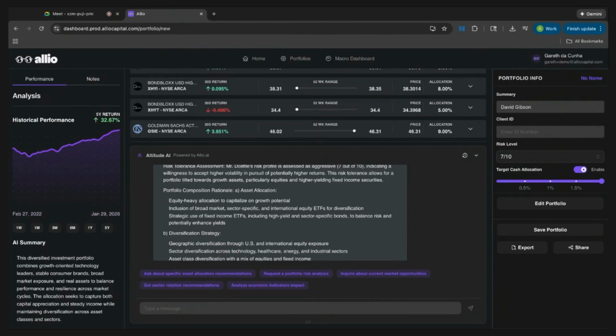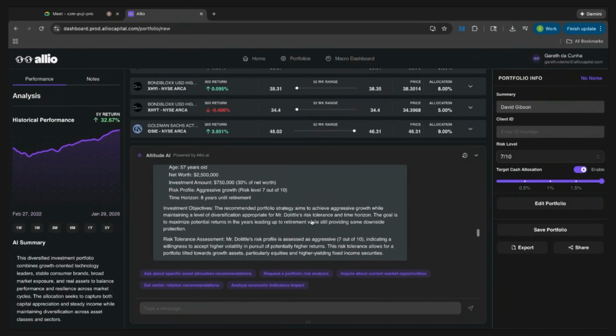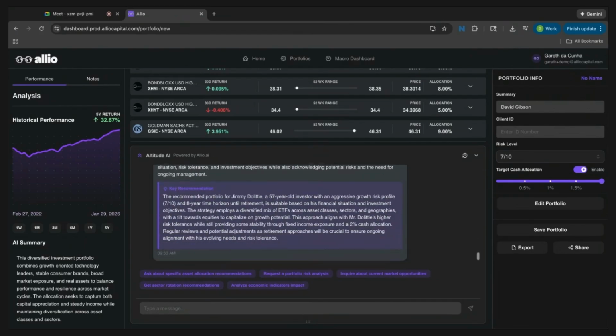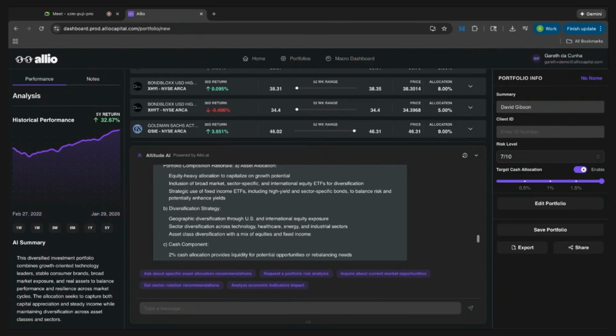The amount of time that we as wealth advisors have to spend documenting work that's already done, and then getting the documentation back from the compliance person who says you missed these two things or whatever, to be able to just have it all done within seconds is huge. As you can see, the whole exchange took less than 10 minutes to complete, from build me the portfolio all the way through to compliance notes.